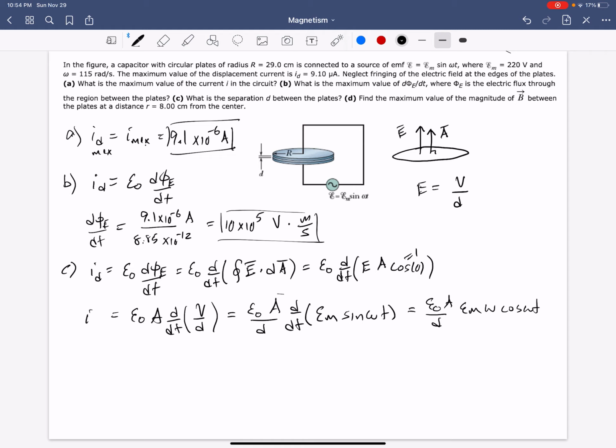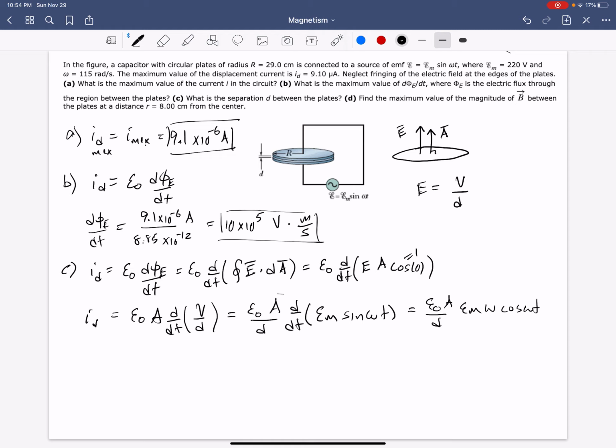The separation distance will not change when the voltage changes. The voltage can be 0 at some time, and the separation distance will still be the same as when the voltage is maximum. So we can make our life easy and take when cosine is 1, when that cosine goes away. And so we really just need the coefficients.